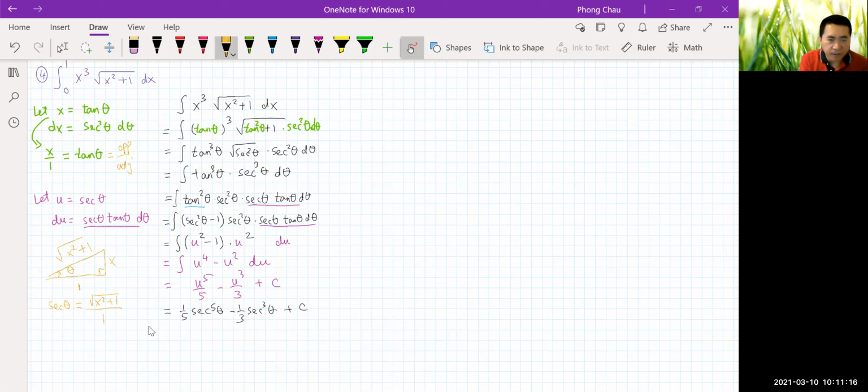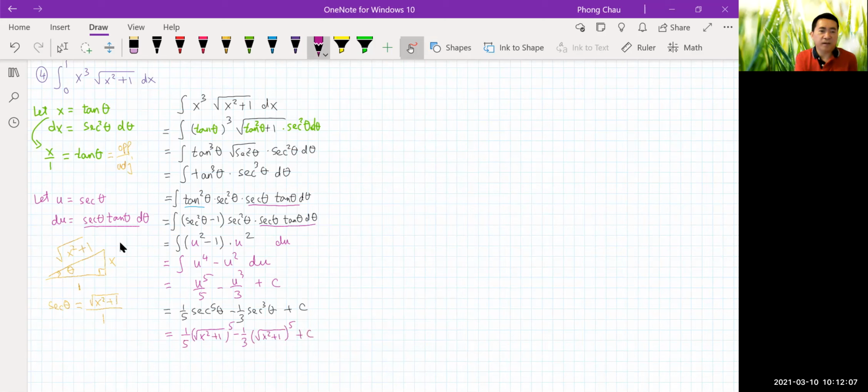From here I can substitute back: 1/5 times the square root of x squared plus 1 to the 5th, minus 1/3 times the square root of x squared plus 1 cubed, plus constant.